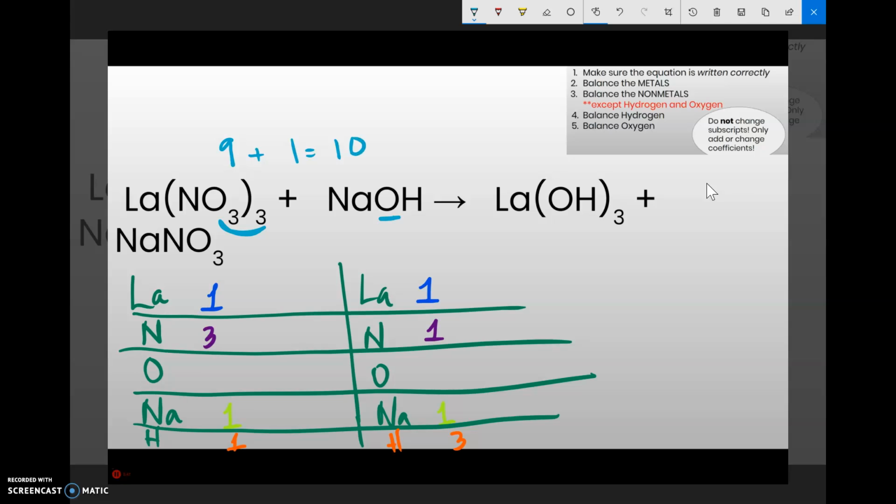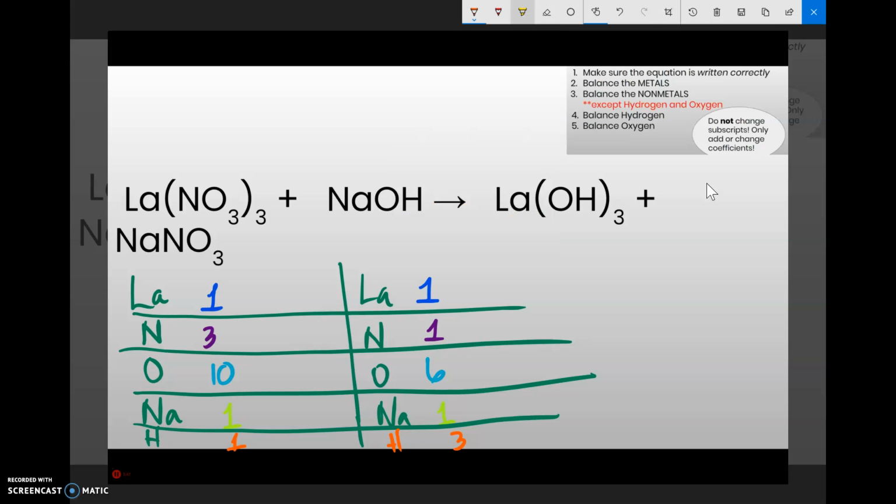That equals 10. Then here we have 3 oxygen, and we have 3 here. So 3 plus 3 equals 6. Okay. Now that we've got all these, let's go ahead and start balancing. And I'm going to erase that again so it looks clean.